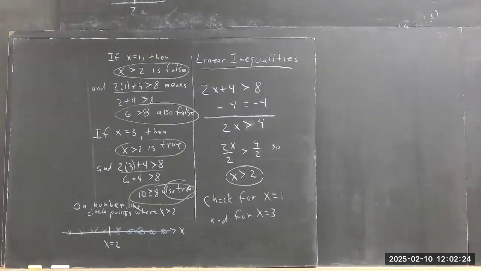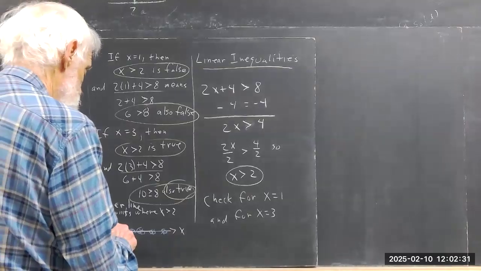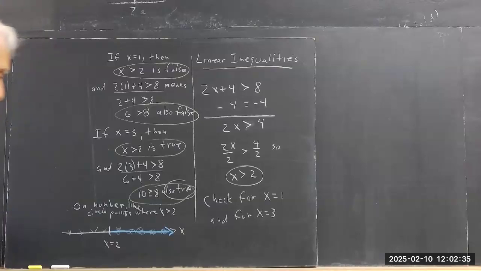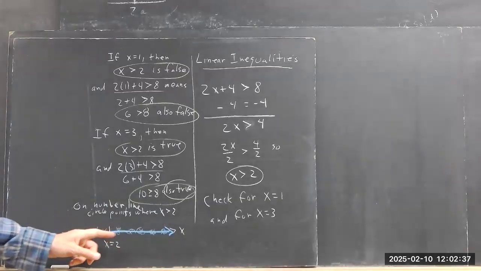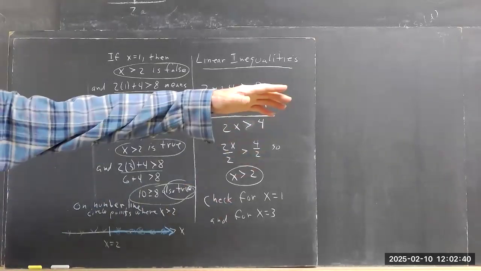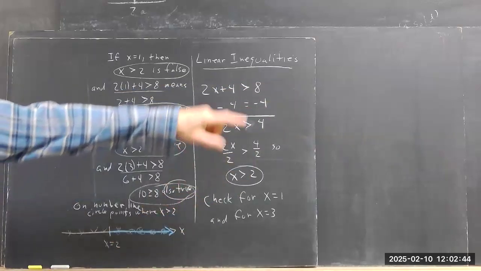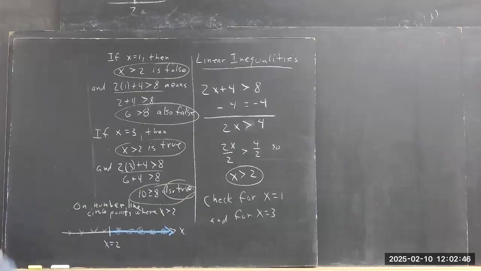Now, if I want to indicate all the points where x is greater than 2, I do it like this. I draw an arrow here that indicates that the points where x is greater than 2 just keep on going forever. So that arrow indicates a line keeps on going forever. Does that make sense?